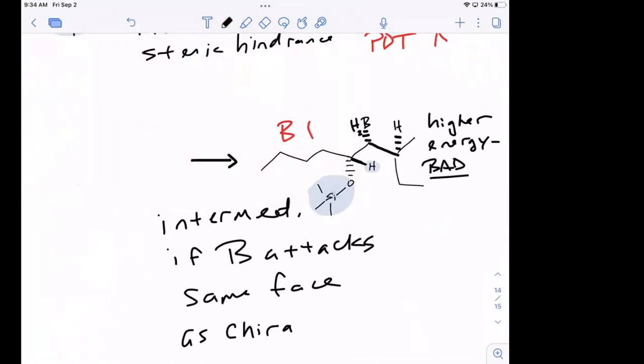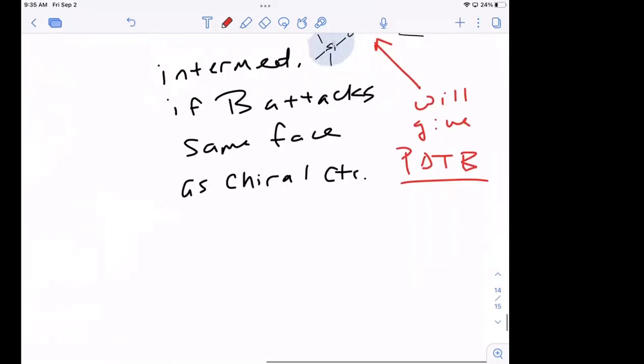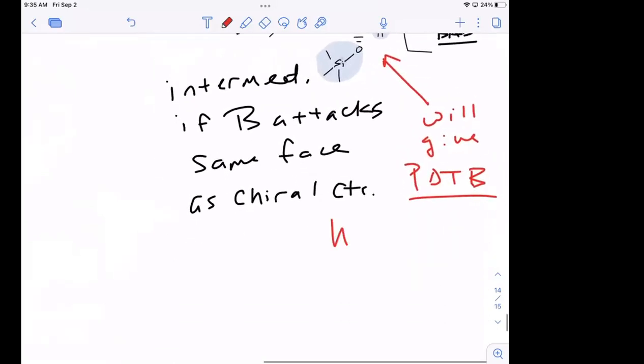Let me finish this statement. So it's going to give me product B, and this is going to be higher in energy, right?